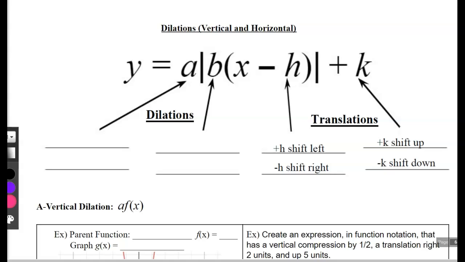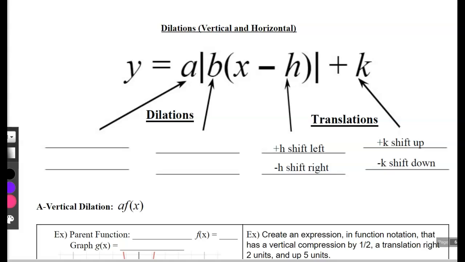Now, just like last class, translations had specific letters in our transformation function, h and k. Those are translations. In our transformation function, dilations has specific letters, a and b.